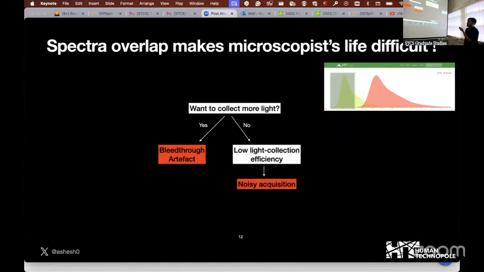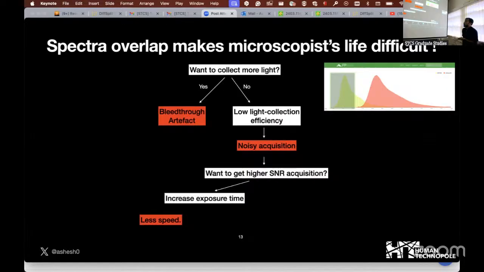So the downside in not doing this is that you have low light collection efficiency, which means noisy acquisition. One way to improve it would be to increase the exposure time. That is, you collect photons for a longer time. And if you do that, then you are good, but the speed is less. If you want to do live imaging, then you may want to inspect your sample at a higher frequency.